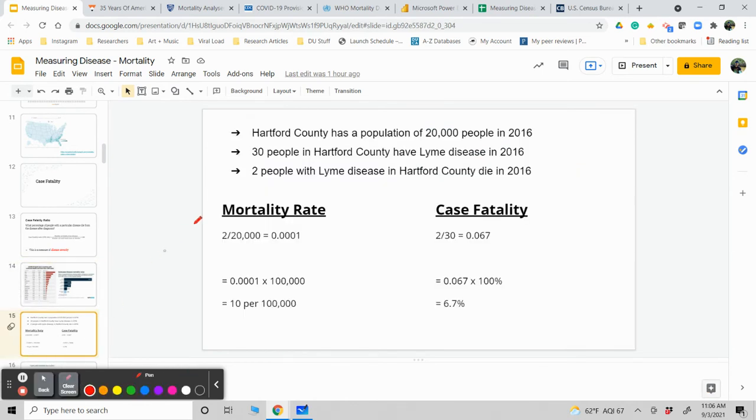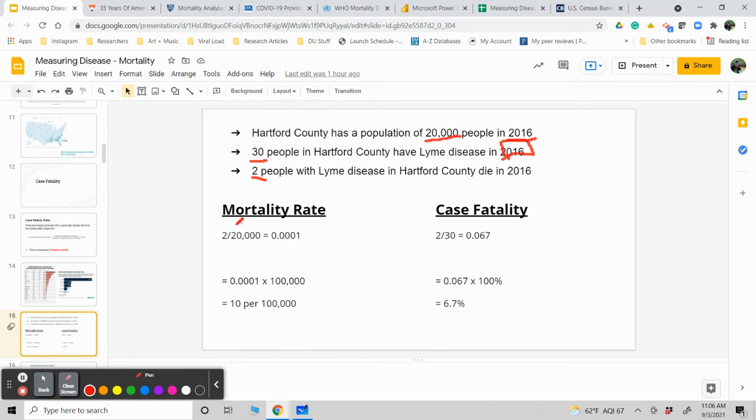So let's look at this hypothetical example and see how, with just a little bit of information, we can calculate these two metrics. So let's look at Hartford County, which has an estimated population of 20,000 people, and we're interested in looking at the year 2016. So we know from the health department that 30 people were diagnosed with Lyme disease in 2016. And we know that 2 of these people died from the disease.